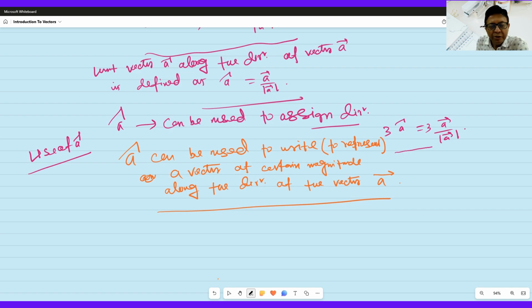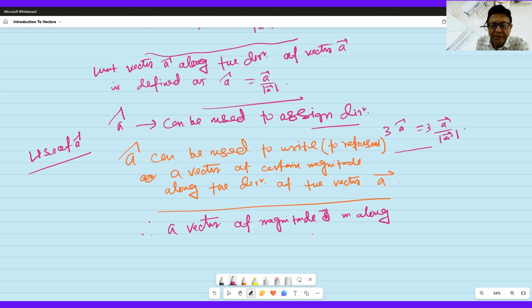Clear? Understood? So how can I write the vector B of magnitude m? A vector of magnitude m along the vector A is given by B equal to m into A cap.